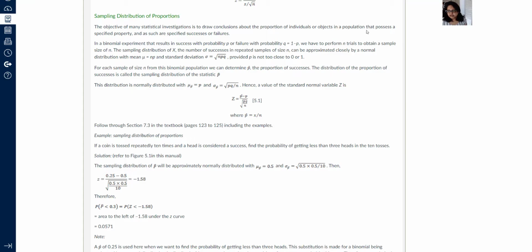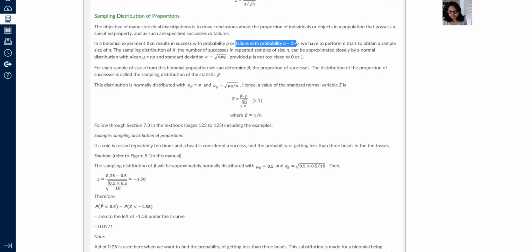So that means we can also have failure or success, just like in the binomial distribution you saw before, where we could have two outcomes. We can find the probability of success, P, and then we can also find the probability of failure.